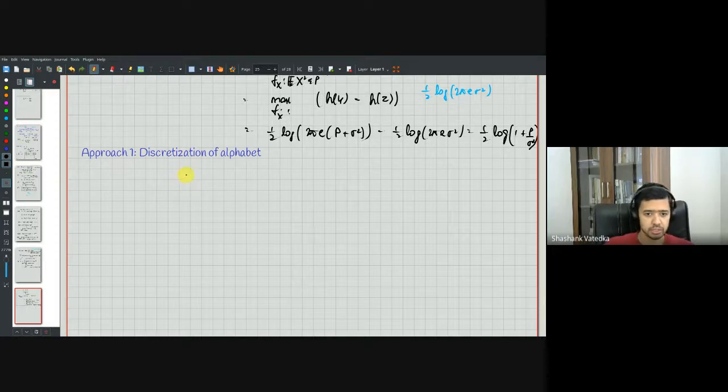It is the AWGN channel, or in general, any f of y given x. The input is x^n, the output is y^n. What you do is you quantize the input alphabet and you quantize the output alphabet. Let me call this Qx and this Qy.